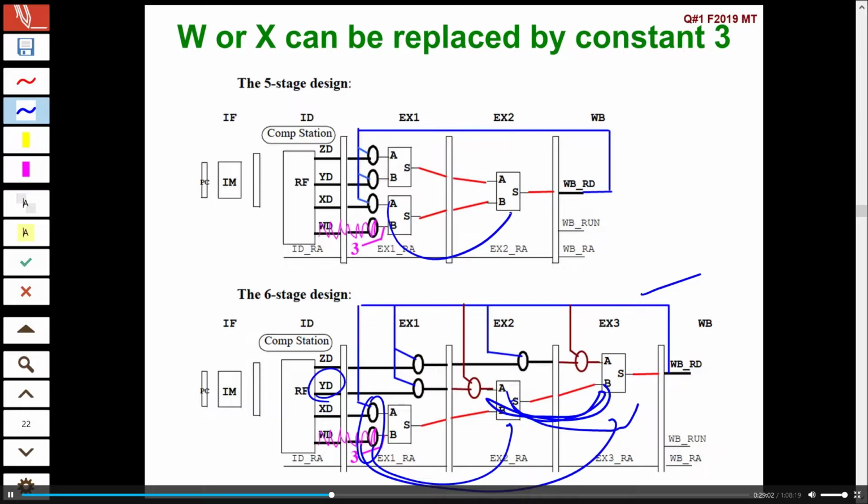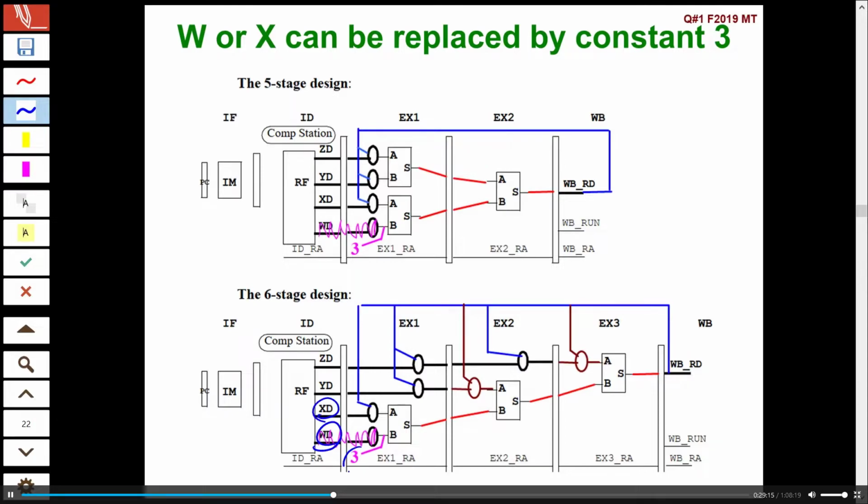But Z doesn't have to stall at all. So it makes sense to say, I'm going to replace either W data or X data with the constant, because this one had the maximum amount of problems. Y is the same for both. Z-wise, this one is better. Okay.